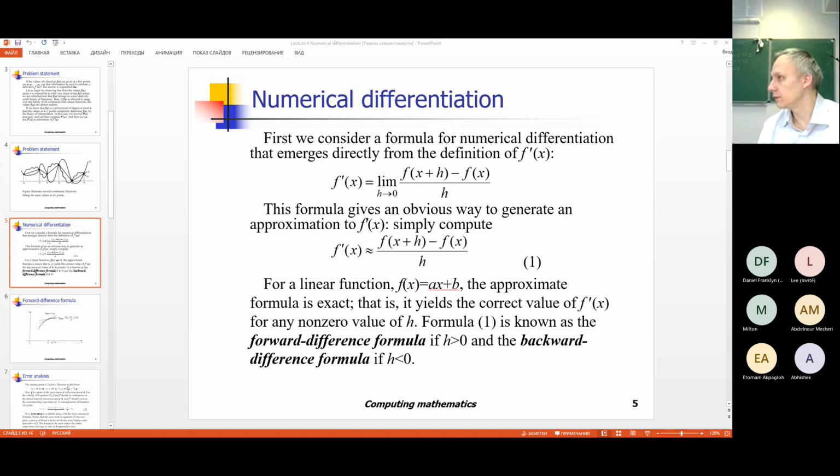What is the value of the function at this point? 1.0 and something.